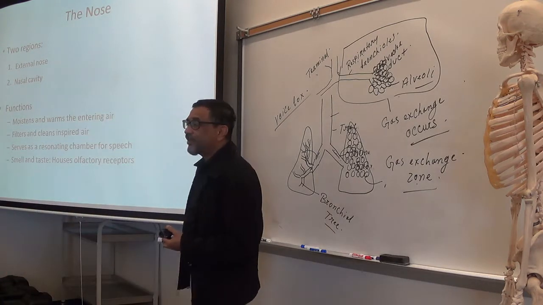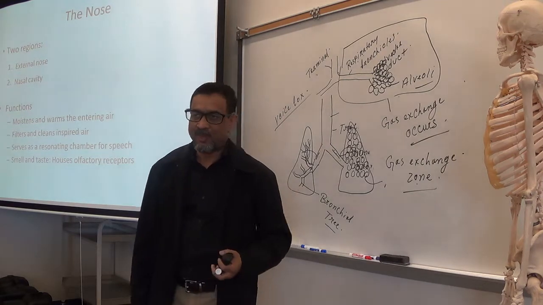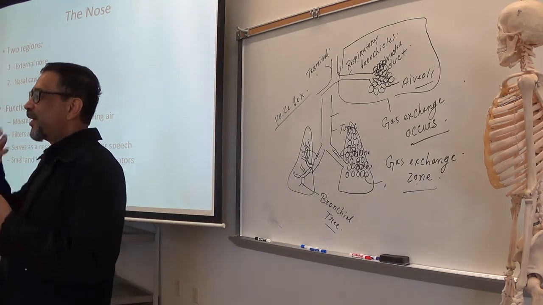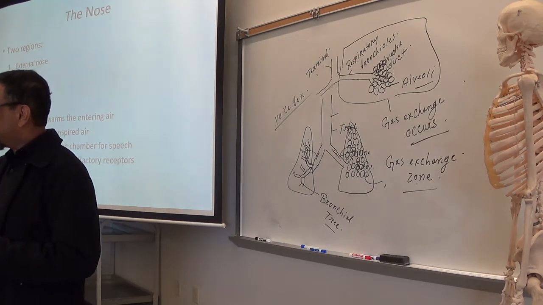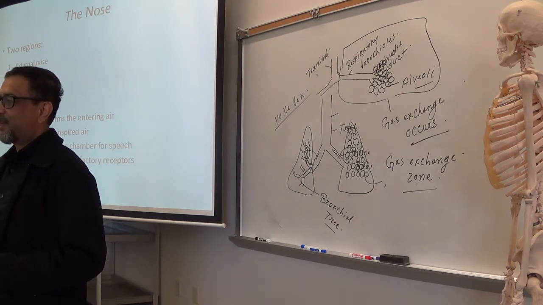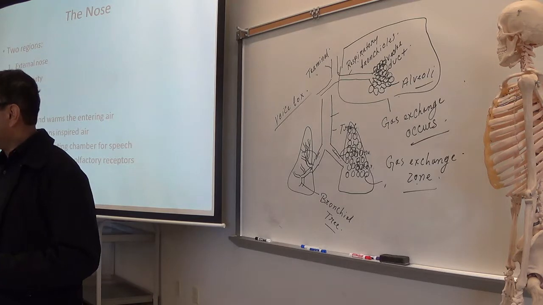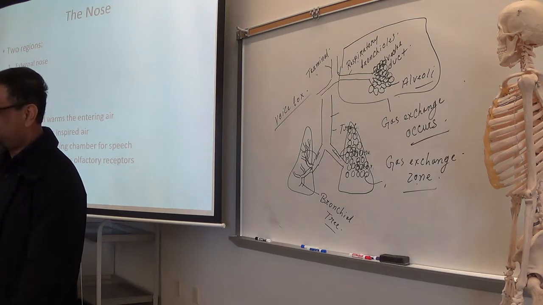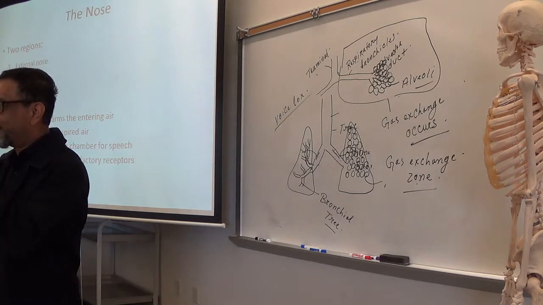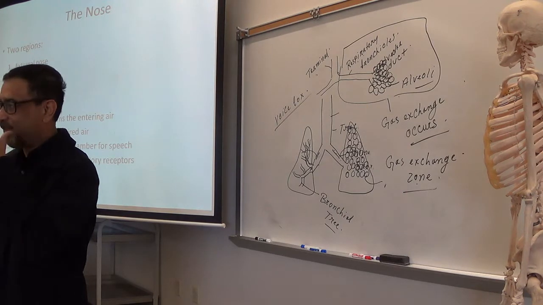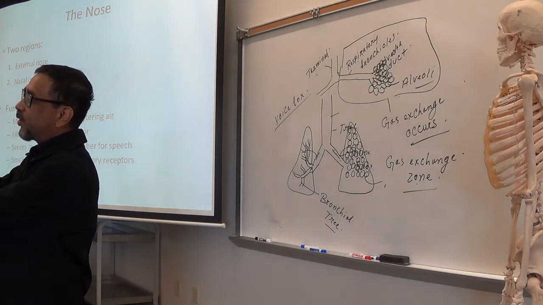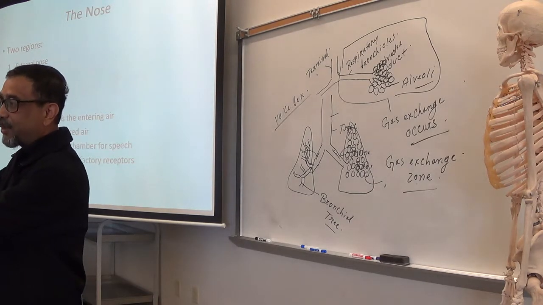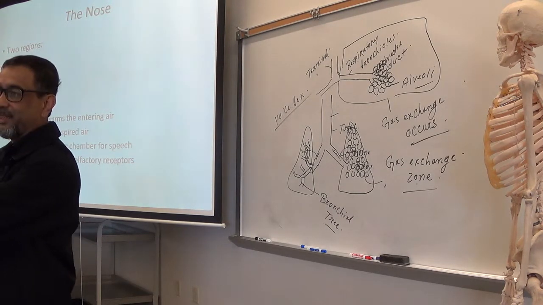It filters and cleans the inspired air. How is the air filtered? Inside the nose, you have two things. You have hair, right? So big dust or big particles will be filtered by those hairs. But for small dust particles, the surface inside the nose is not only moist but also sticky.